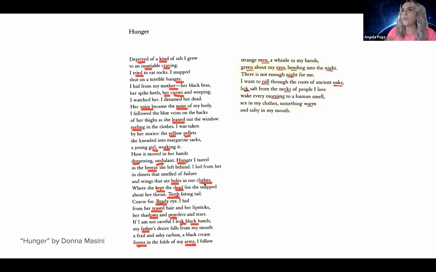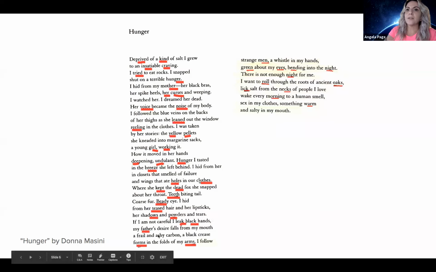"Holes in our clothes," you may remember that from our earlier slide. "Kept" and "dead," you can hear those long E sounds. "Teeth" and "beady," you can hear those long E sounds. And "teased" as well belongs in that trio. "Shadows" and "powders," the OWs. "Leak" and "black," that hard K sound.